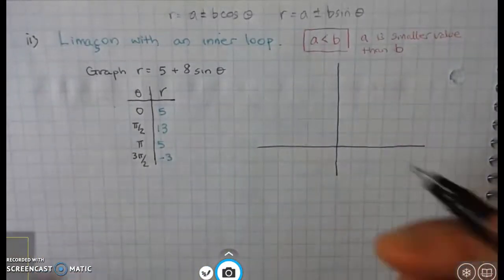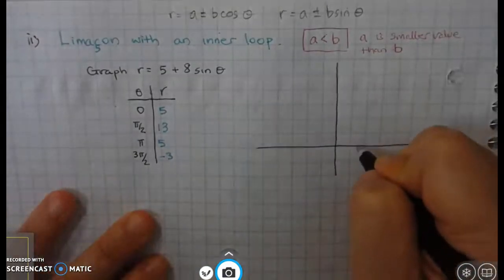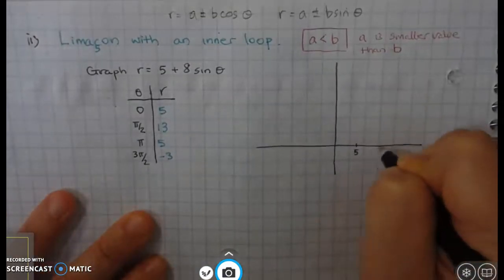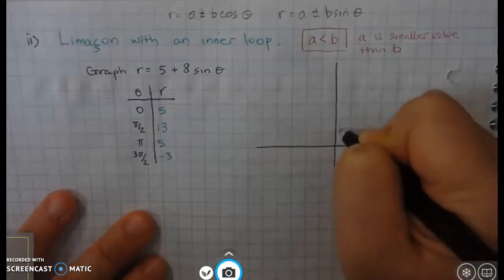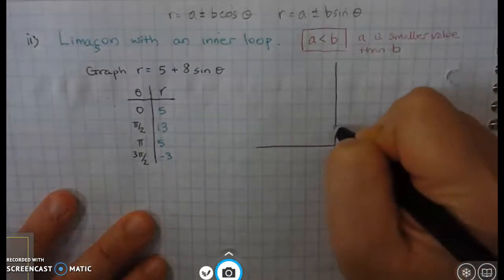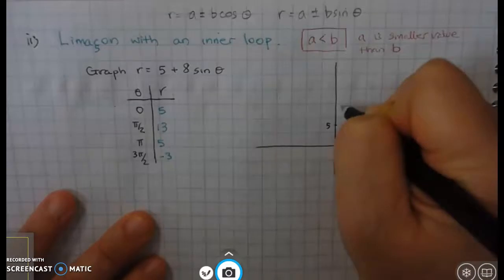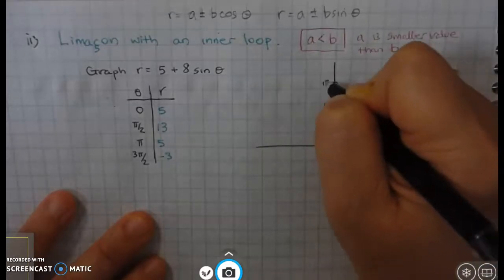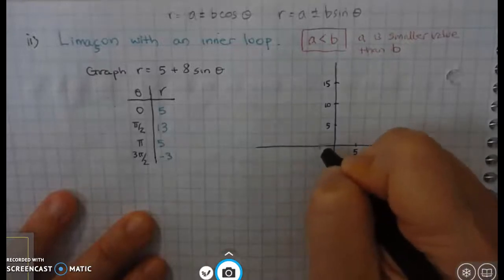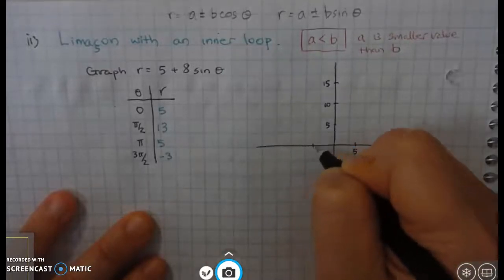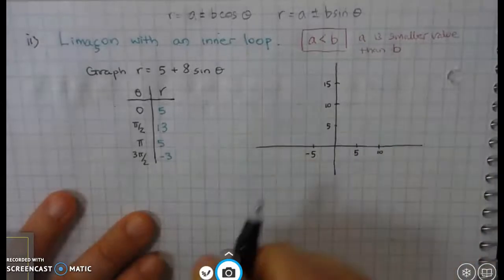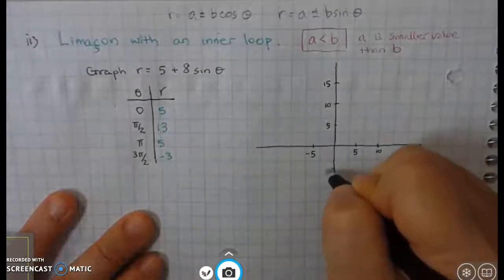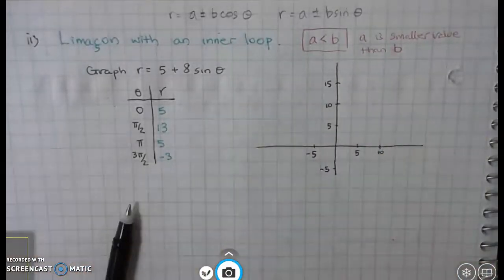So since we are dealing with a radius of 5, I am going to call this 5, 10, and so on. So that means this is 5 right here, and this is 10, and this is 15 right here. And I can do the same in the other direction. So this is going to be negative 5 here. Okay, so let's try to plot it.